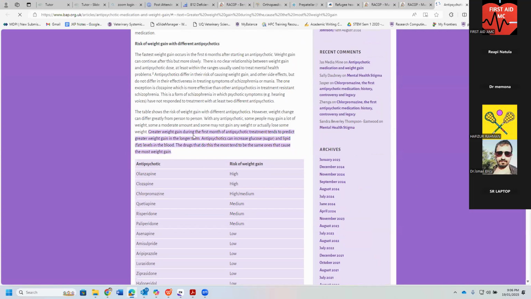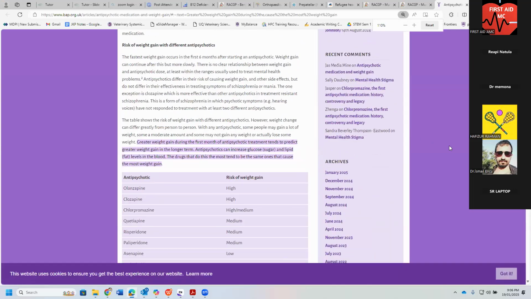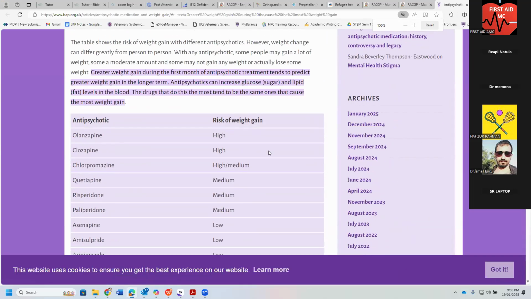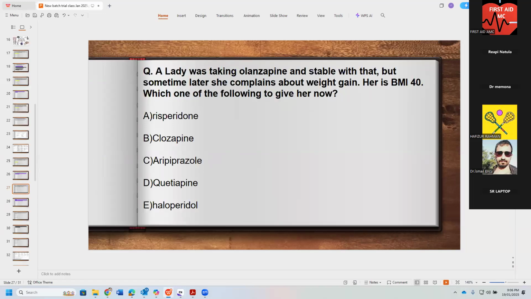Okay, greater weight gain during the first month of antipsychotics. Olanzapine, higher risk of weight gain. Clozapine, higher risk. So we know clozapine is out from our game. What is the next one?